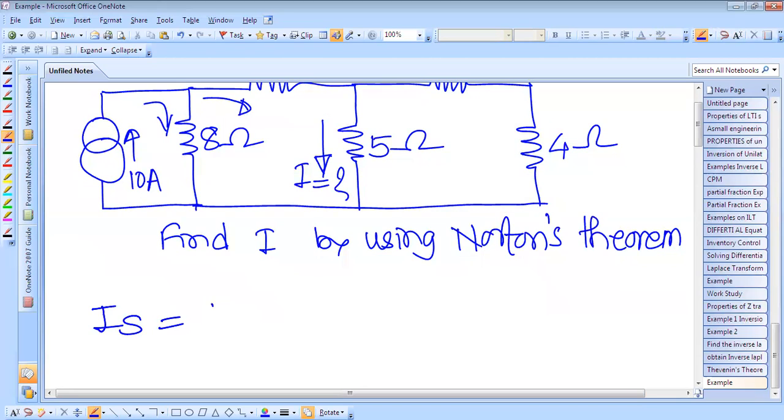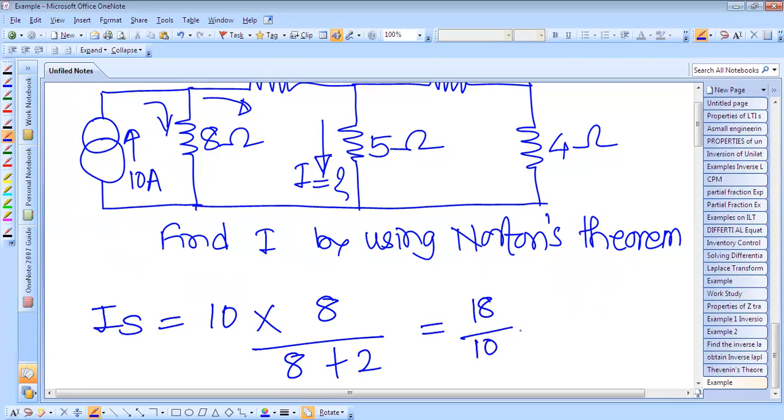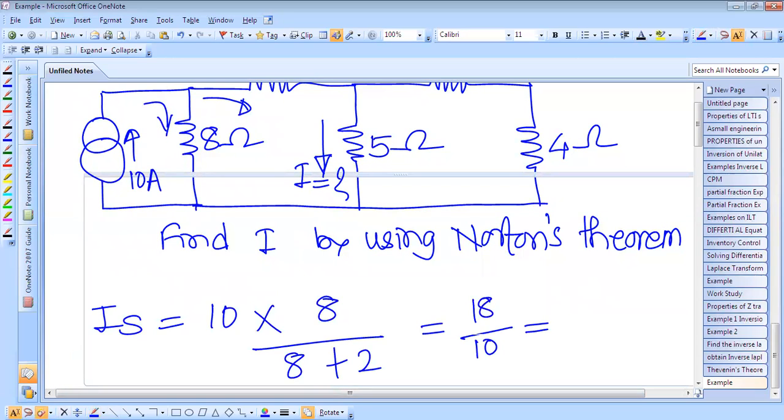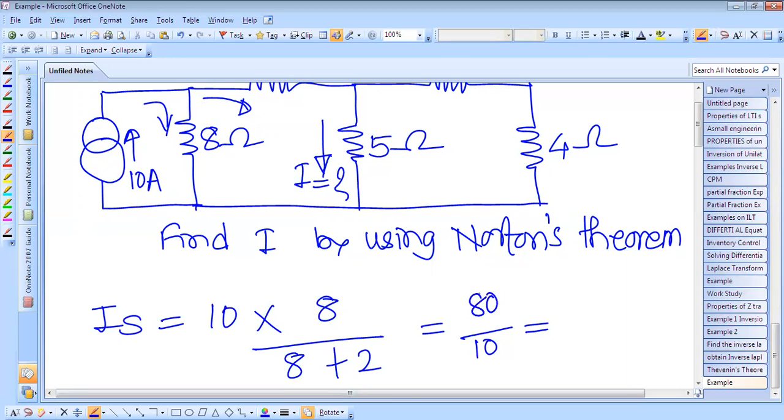So the total current is 10 ampere into the opposite branch resistance divided by the opposite branch resistance plus the 2, it is equal to 80 by 10, so it is 8 ampere.